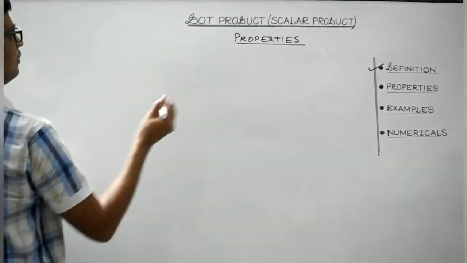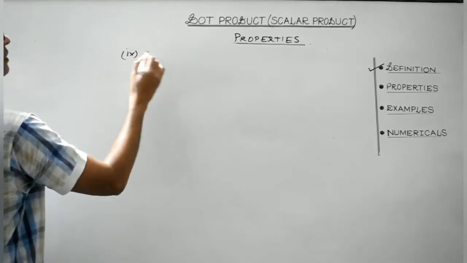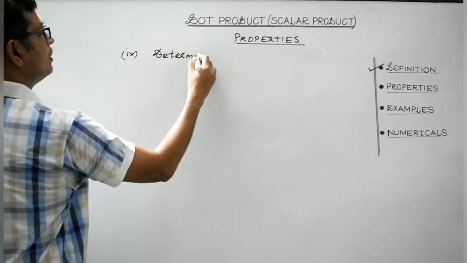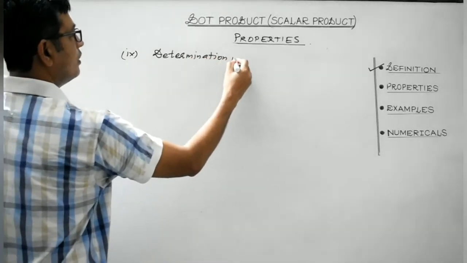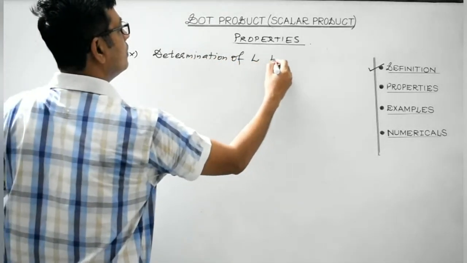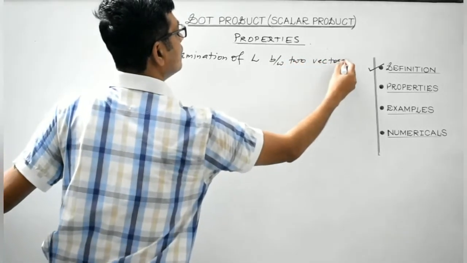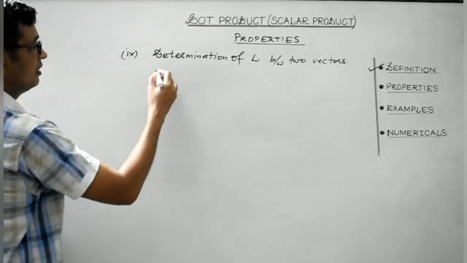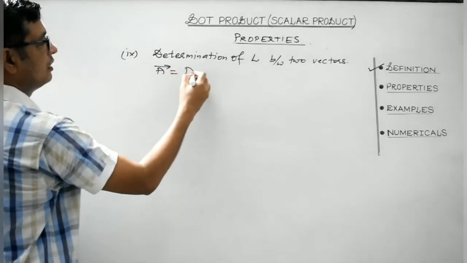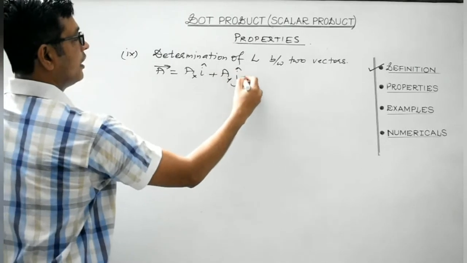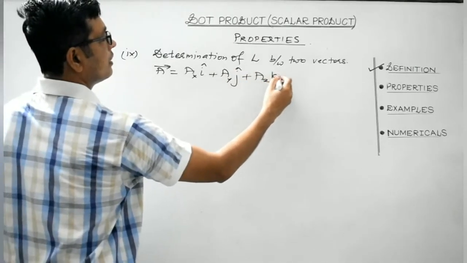So next property is determination of angle between two given vectors. Again, let us consider A vector is ax I cap plus ay j cap plus az k cap.